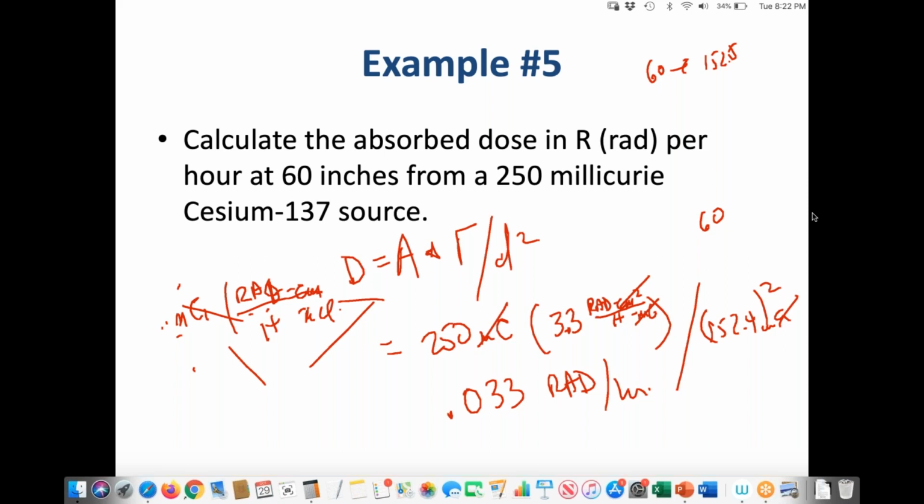It's applying a conversion from millicuries to rads for that particular material. It's not the quality factor. Notice this is in rads per hour, so we haven't gone from rads to rem to evaluate what the effect of that exposure would be for a human being.